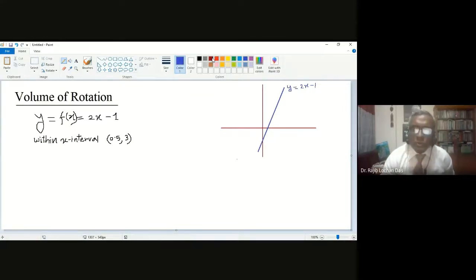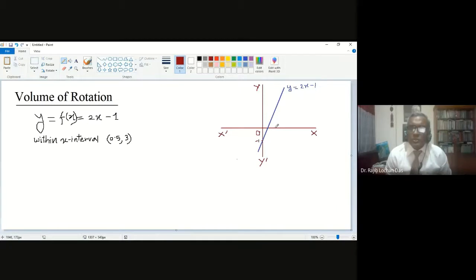Let me just write this. O is the origin, x dash is the left side of the x-axis, and y dash is the negative, downward side of the y-axis. So I'm talking about this point, where -1 is the height.